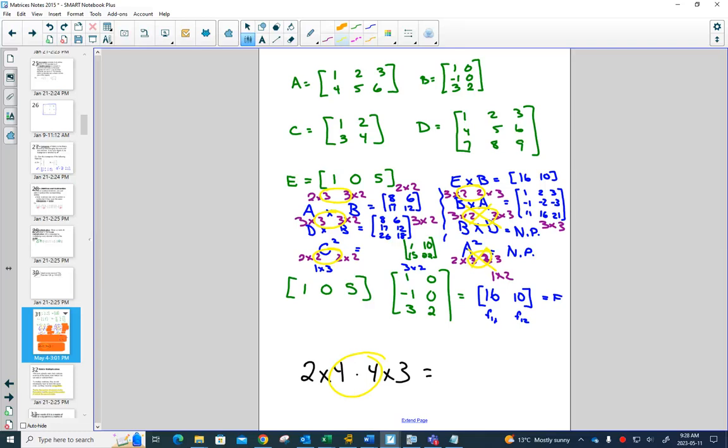It's 2 by 3. You are right. It will be a 2 by 3. So now we have at least figured out when you're allowed to do it and how big your answer is. But now, how do you get 16? How do you get 10? Isn't it obvious? No.